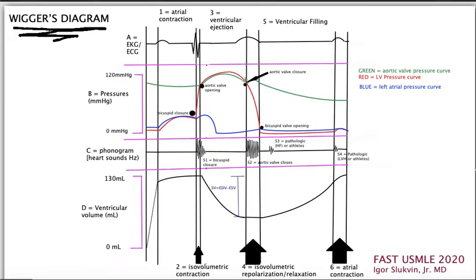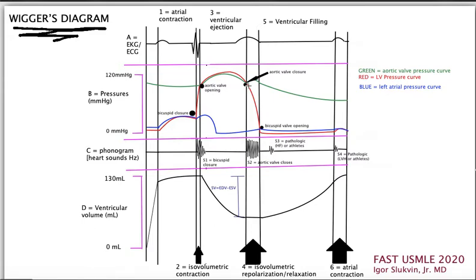And anytime there's a cross between these pressure curves, we know that there is a valve opening or closure. So the left ventricle pumps out all the cardiac output, and then we get to isovolumetric relaxation phase.